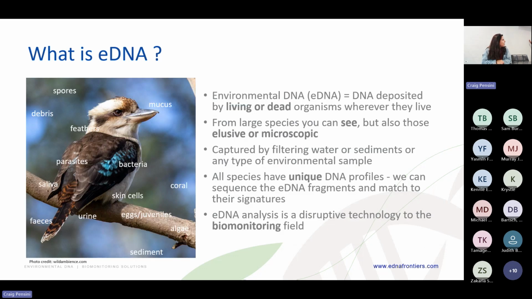Next slide, please. So this DNA that is released in the environment can be captured from environmental samples. It can be water, it can be sediment from the bottom of a river, it could be soil, it can be air, it can be anything.